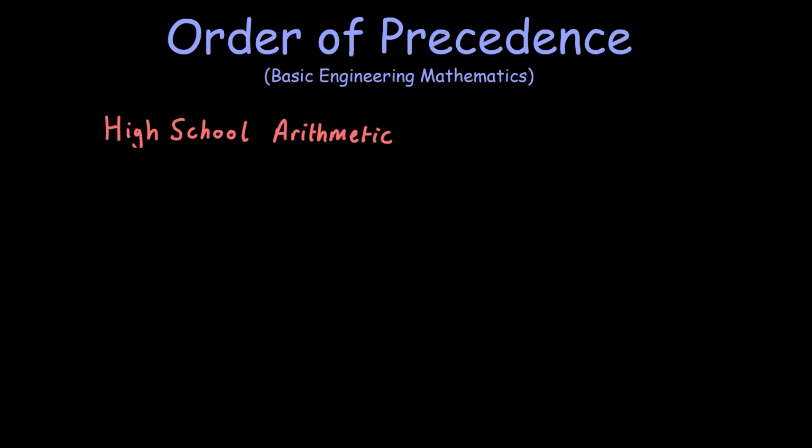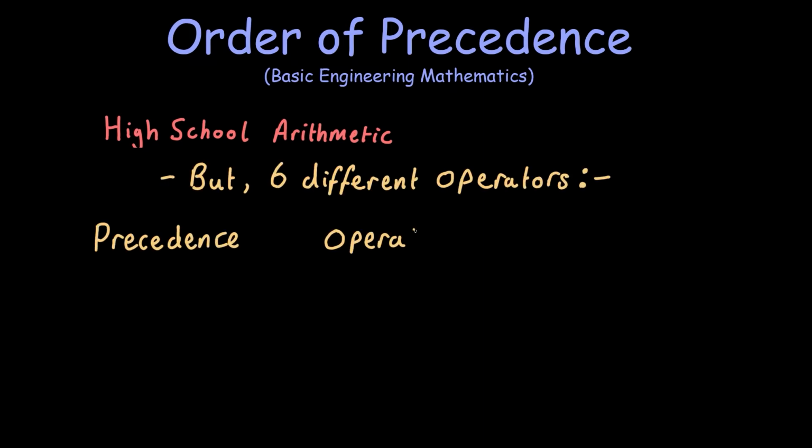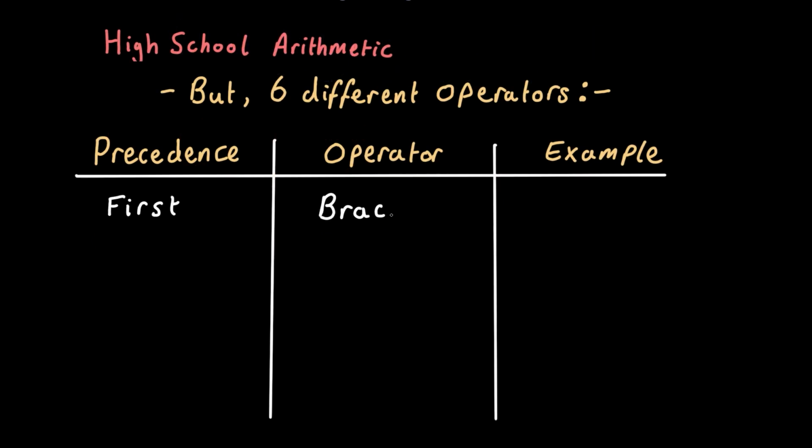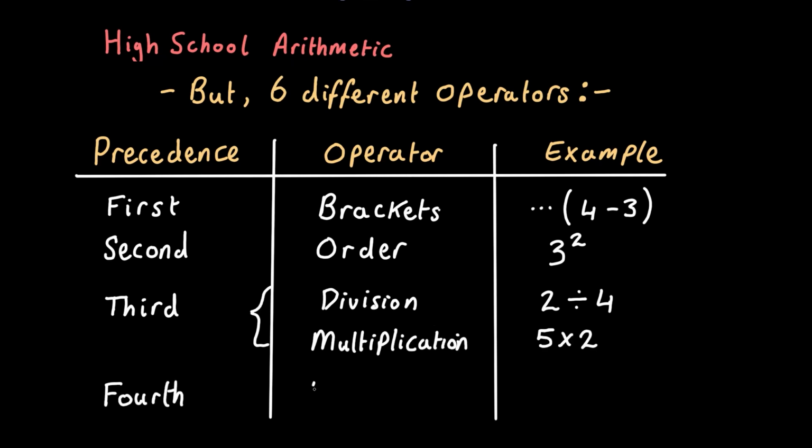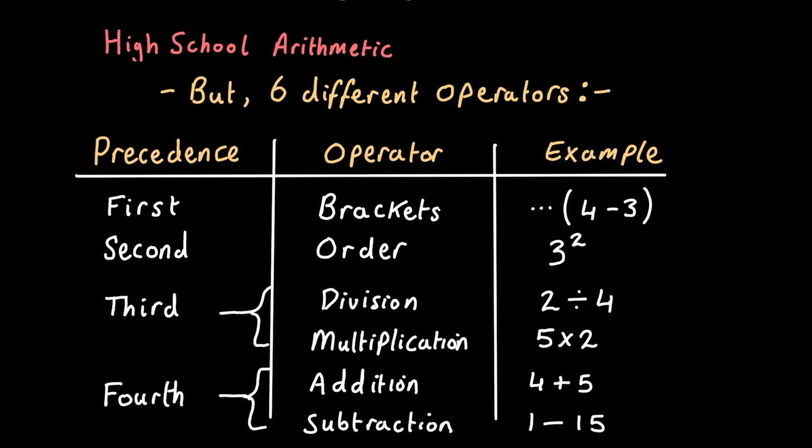We can have 6 different types of operators with a definite order of precedence. These operators are brackets, order as in power, division, multiplication, addition, and subtraction. And the operators are listed in the order they should be tackled within any arithmetic calculation.